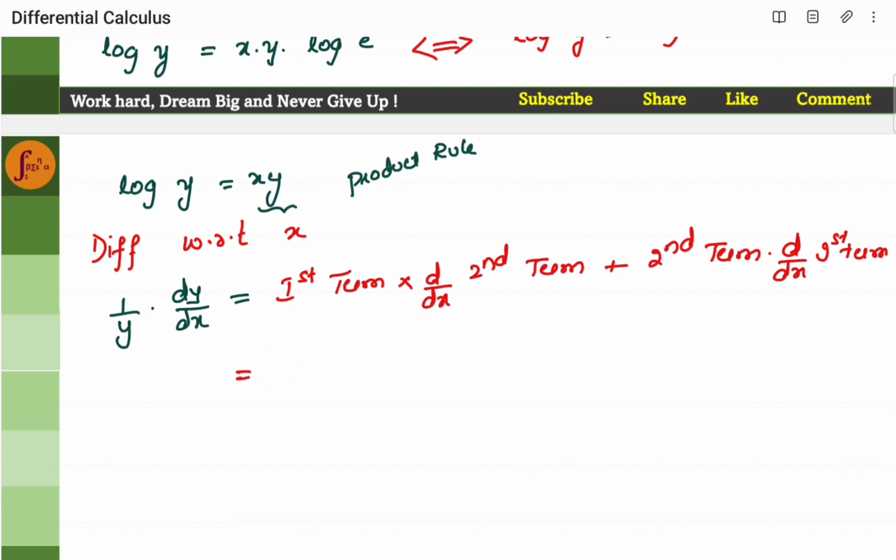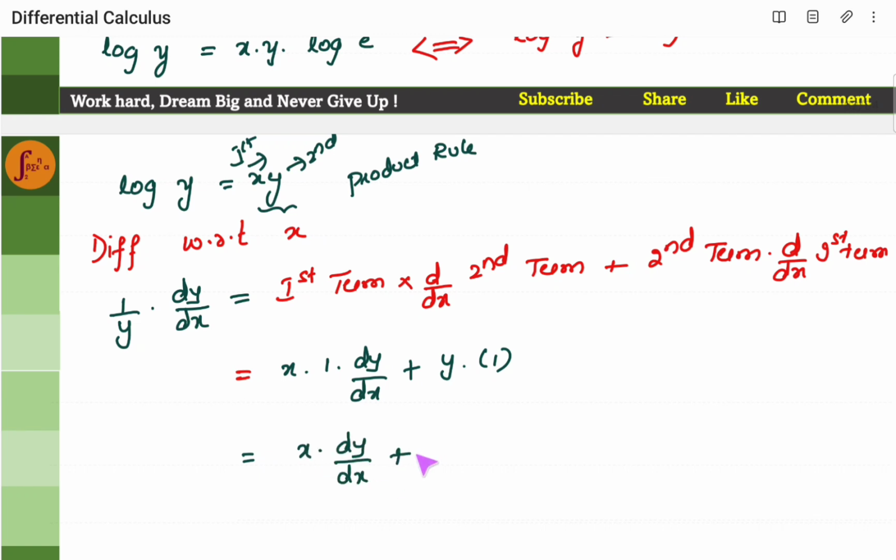First term is x into derivative of second term, that is y, which is 1 into dy by dx, plus second term y into derivative of first term, x. What is derivative of x? 1. So we get x into dy by dx plus y.